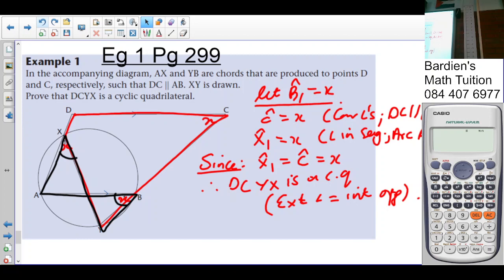So know your stuff, people. The reason for why DCYX is a cyclic quad at the end is not an opposite angle, like interior opposite.